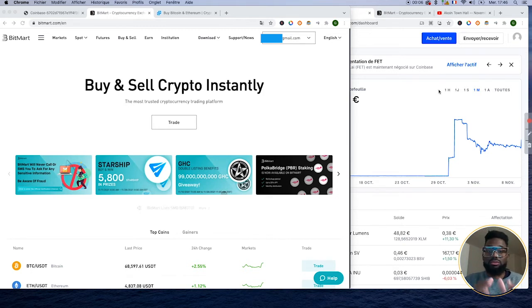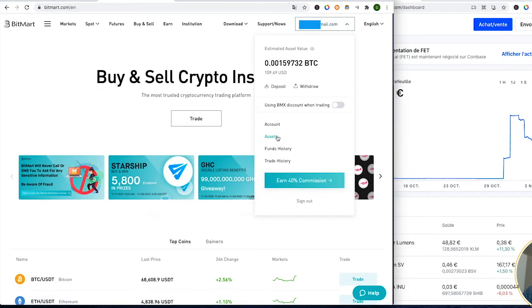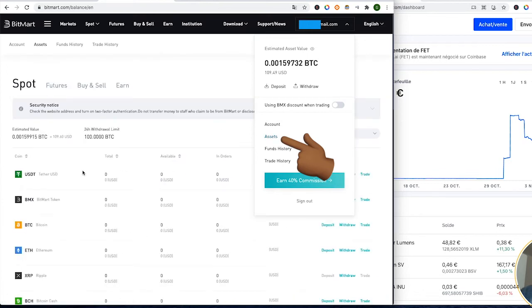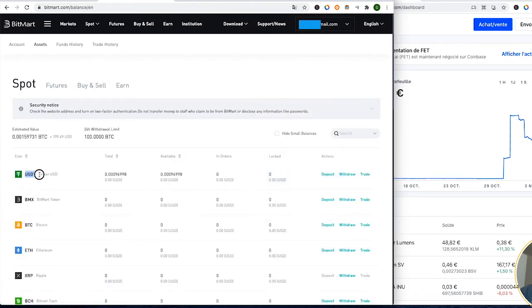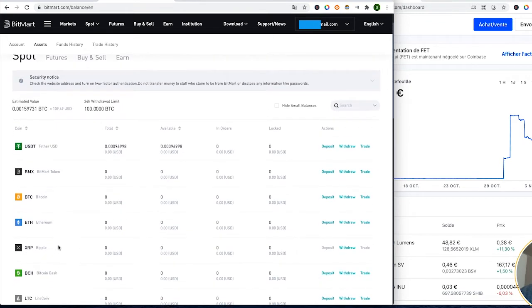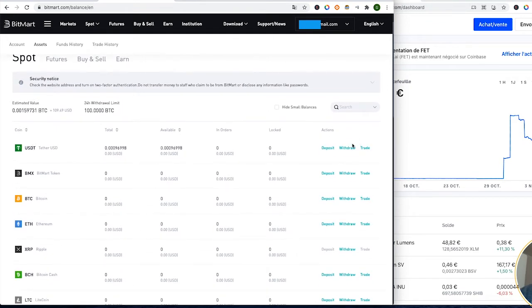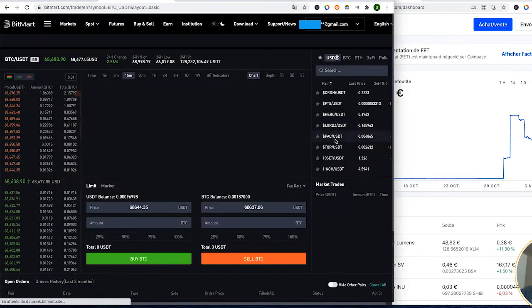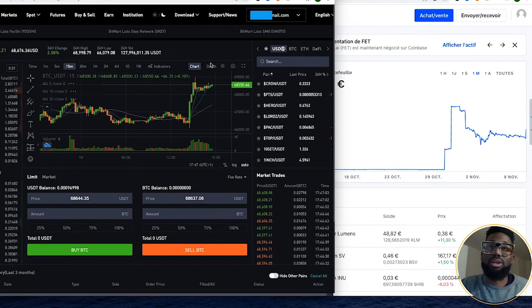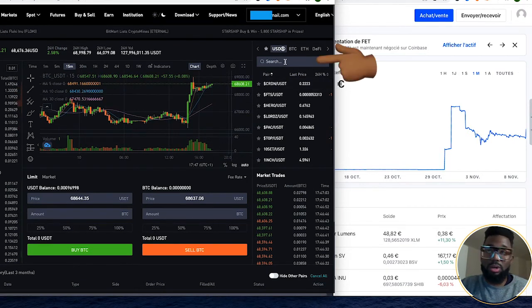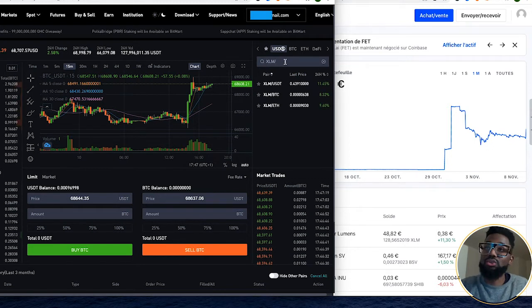We need to convert them to USDT tokens to buy the Acoin token. So go back to the Bitmart homepage, hover over your email address, and go to Assets. In the first row you can see USDT, or look for USDT and select trade, any one, BTC, USDT. The important thing is to be on the trade page. Now in the search bar, type XLM/USDT.